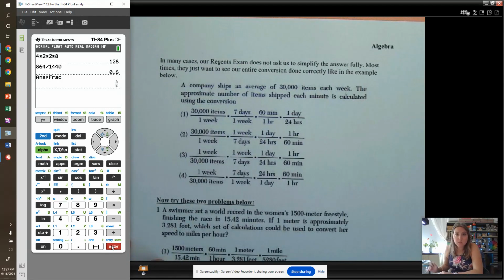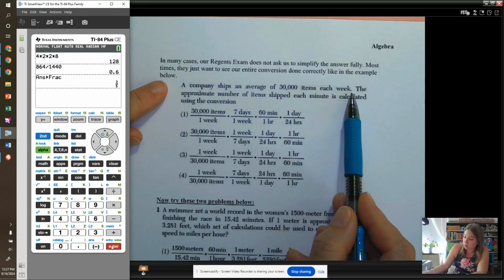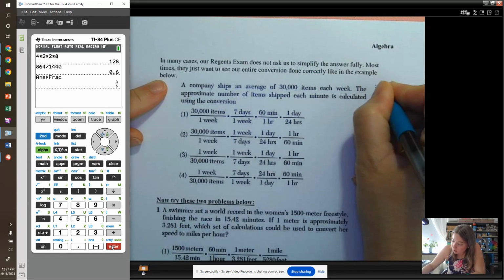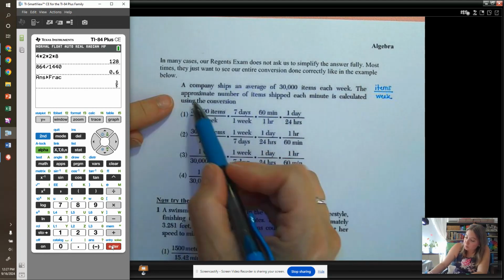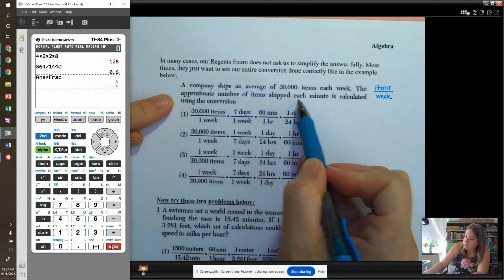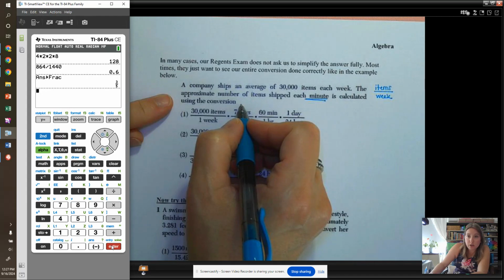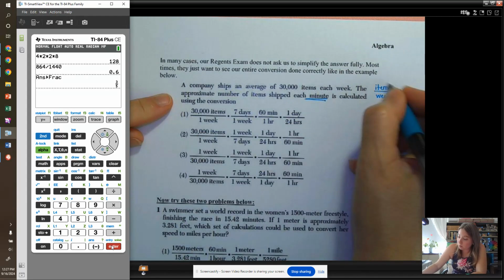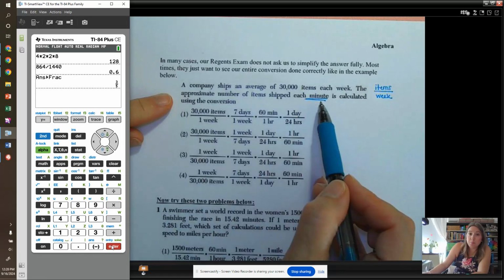Now, a company ships an average of 30,000 items each week. So this is items per week, items over week. The approximate number of items shipped each minute is calculated using which conversion? Okay, so I want to go from items per week into items per minute.